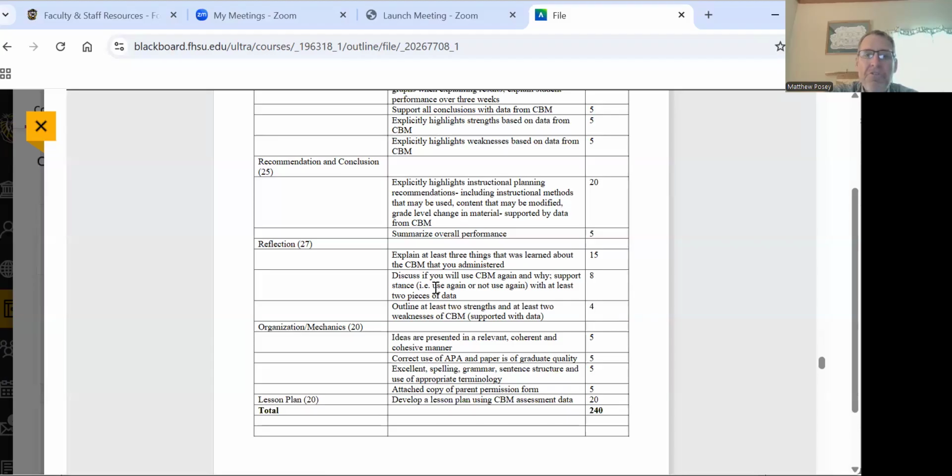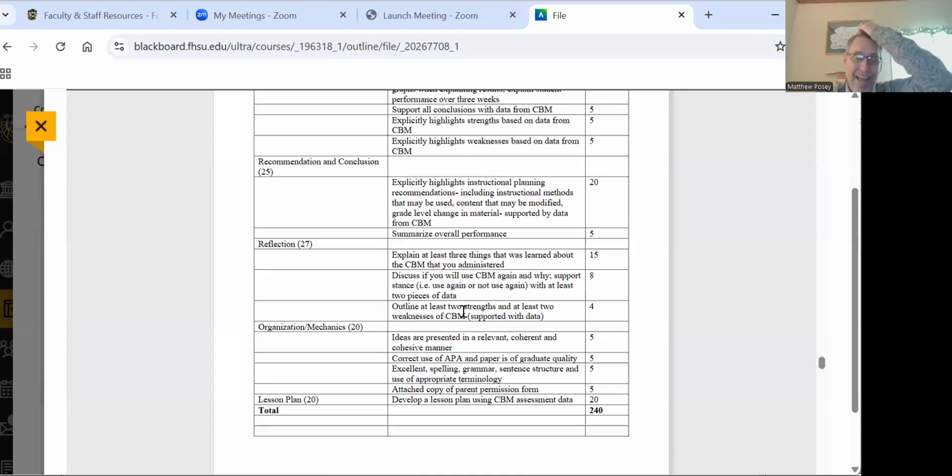It's also asking you to discuss if you will use CBM again and why, and then support your stance with a couple pieces of data. Either you would or you wouldn't. If you won't, that's fine. Just explain why you wouldn't. Okay?